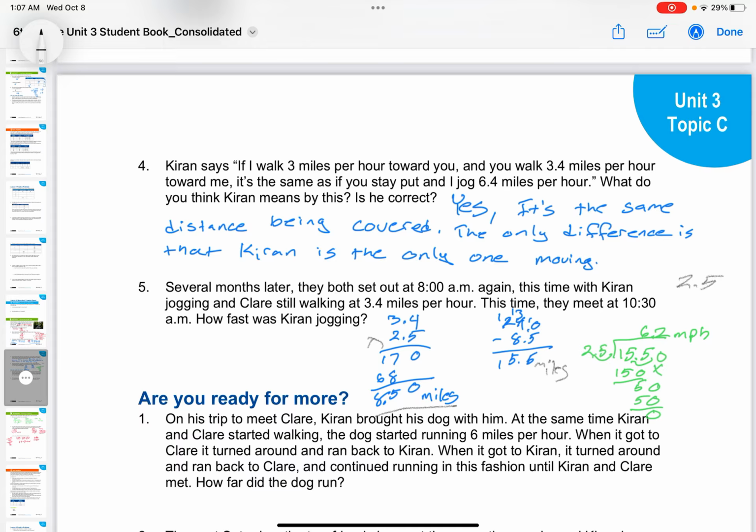So 15.5 miles divided by 2.5 hours. So we move the decimal over because it's basic long division. And well, 25 goes into 155 6 times, with 5 left over. Bring down a 0, and 25 goes into 50 2 times. So 6.2 miles per hour.